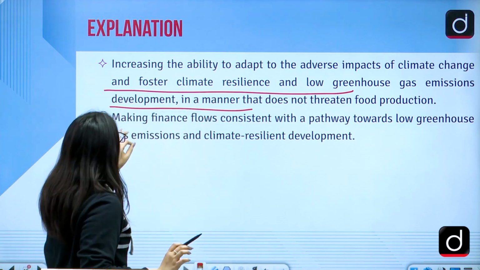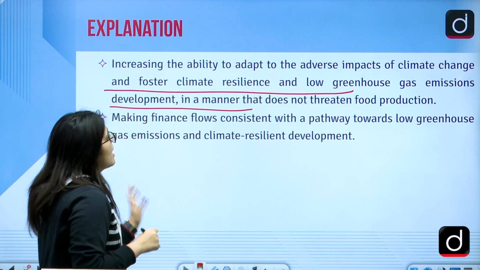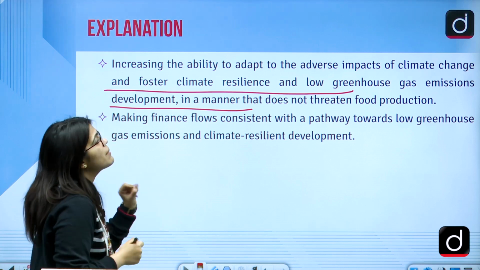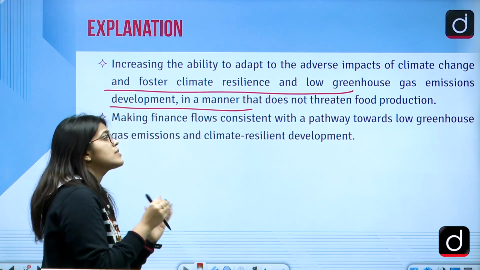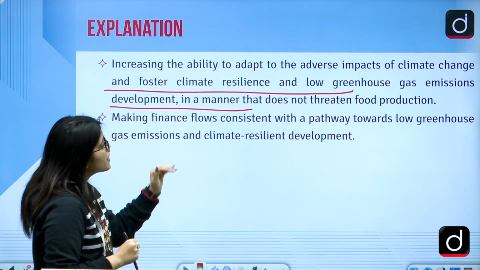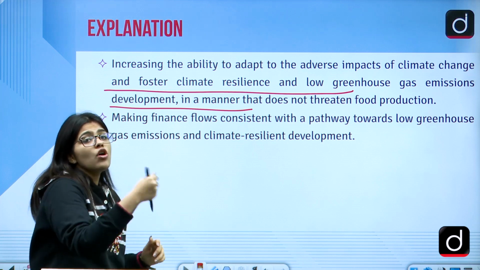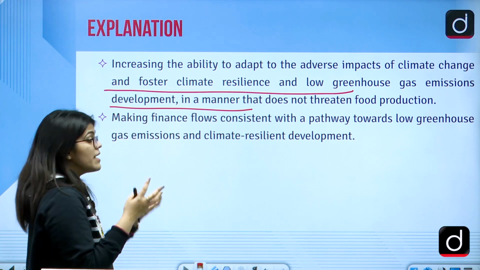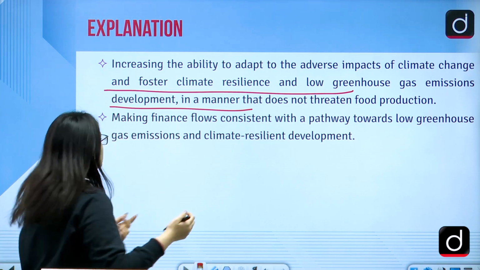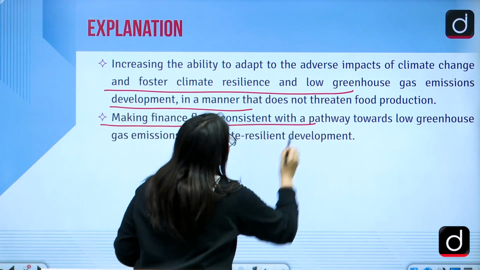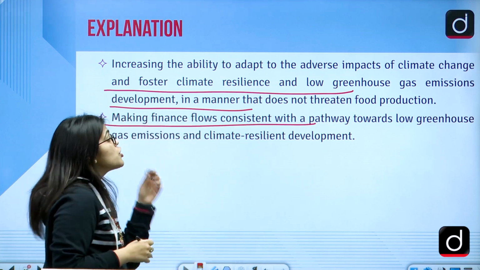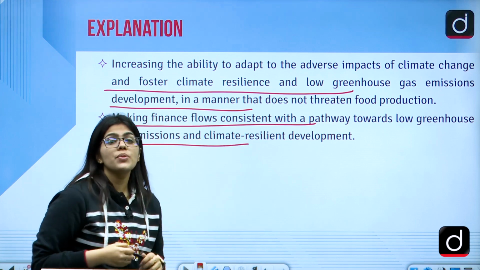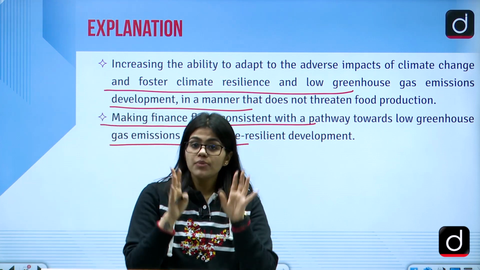So they said that they will increase the ability to adapt to the adverse impacts of climate change and foster climate change resilience and low greenhouse gas emissions. This would be adopted in a manner that does not threaten food production. Then they would also make finance flow possible. So they said that making finance flows consistent with the pathway towards low greenhouse gas emissions and climate resilience would also be adopted. So what is the Paris Agreement?